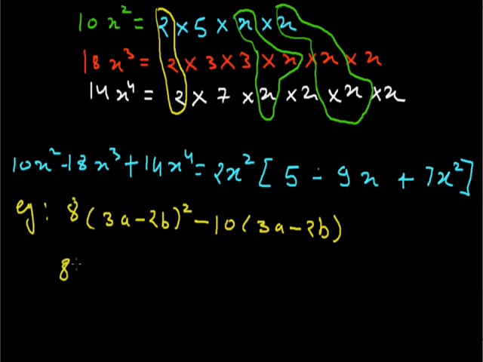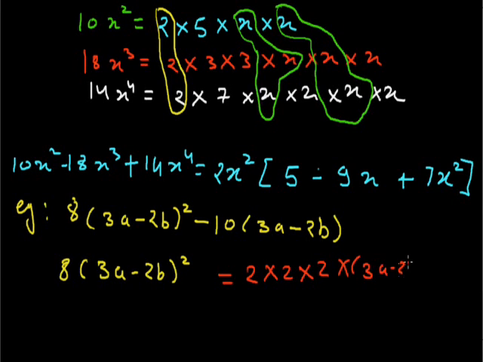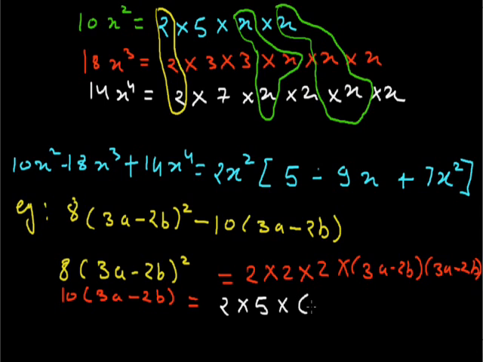Now the first term, that is 8(3a minus 2b) whole square, can be written as 2 into 2 into 2 into (3a minus 2b) into (3a minus 2b), and 10(3a minus 2b) can be written as 2 into 5 into (3a minus 2b).